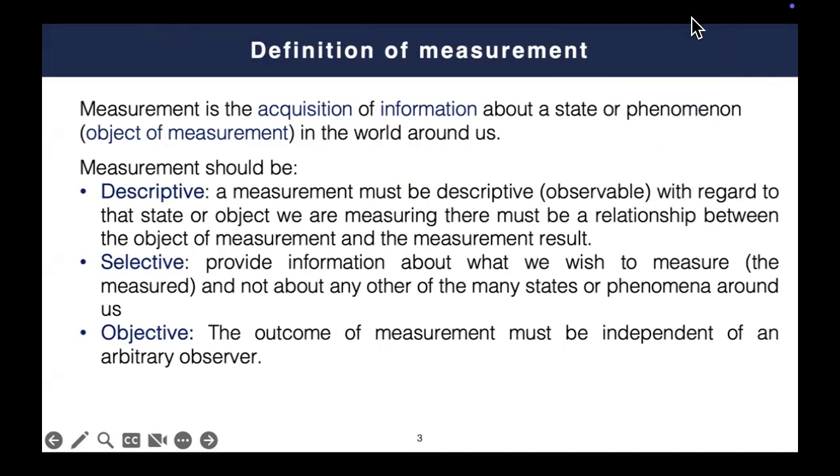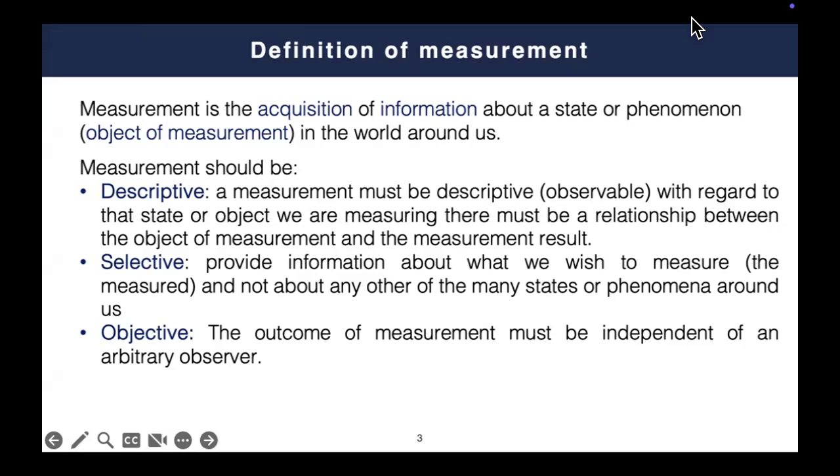Descriptive, so it should describe something. For example, when we measure temperature, we are describing the temperature. We are trying to observe an observable property, the temperature. So the first keyword here is to describe something. Otherwise, it doesn't include any information.